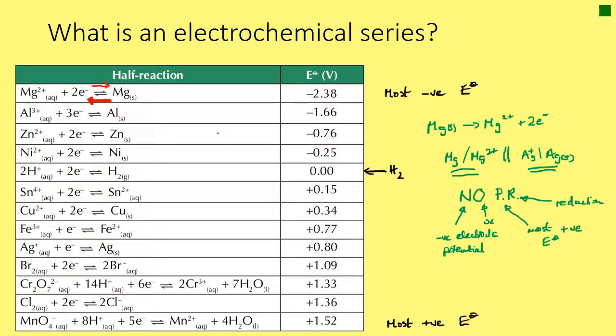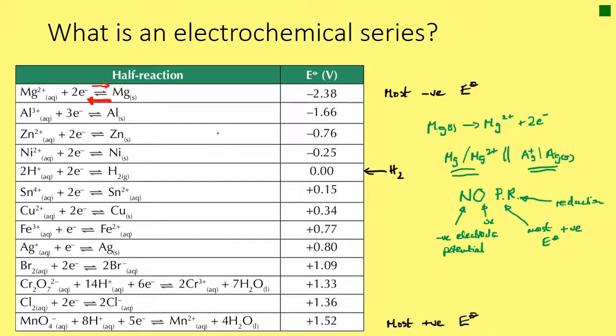And first of all, what we can do is define an electrochemical series. Basically all it is is a long list of electrode potentials for different electrochemical half cells. And here we have one here. There's a selection of commonly used half cells here, but you'll see some electrochemical series with many more half cells on them.